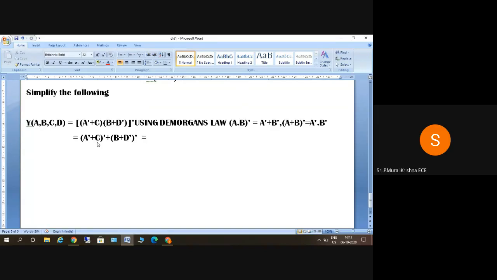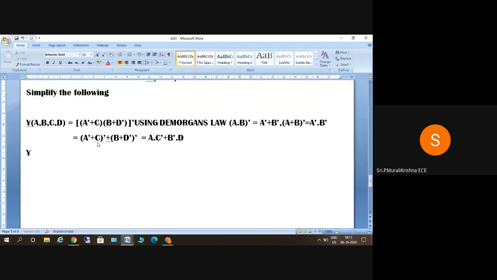That is equal to, using A plus B whole bar equals A bar into B bar, A bar whole bar into C bar, that is A into C bar, plus B bar into D bar whole bar, which is B bar into D. So this is the simplification here.